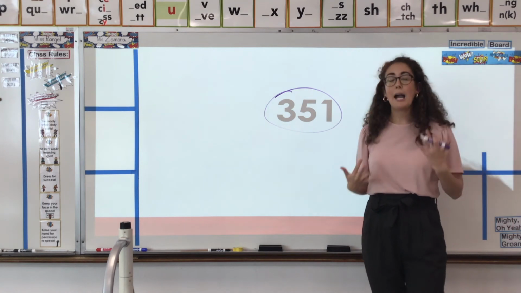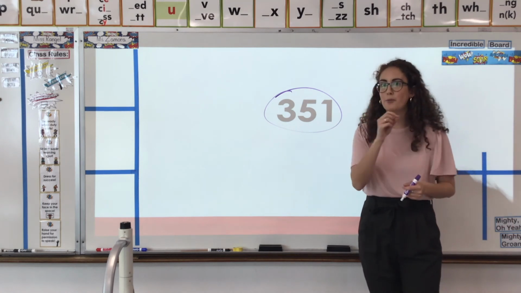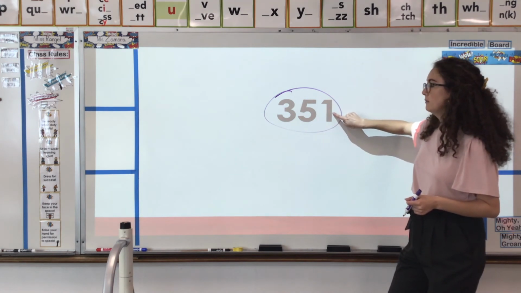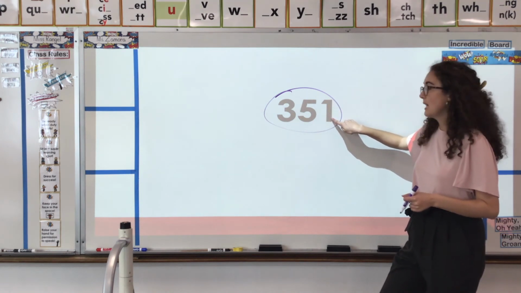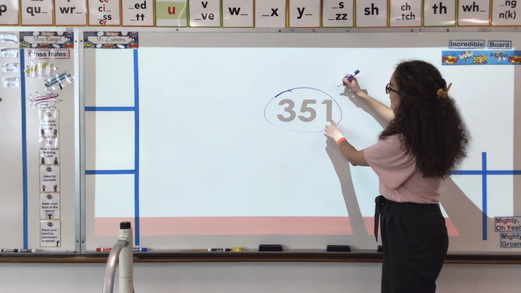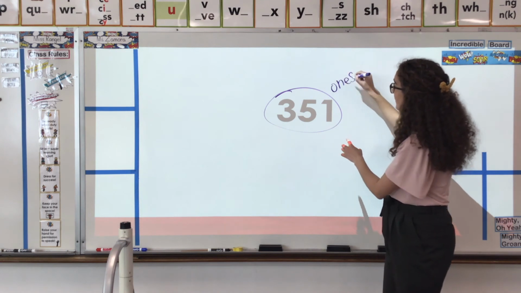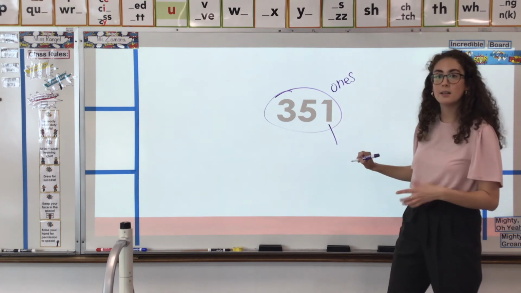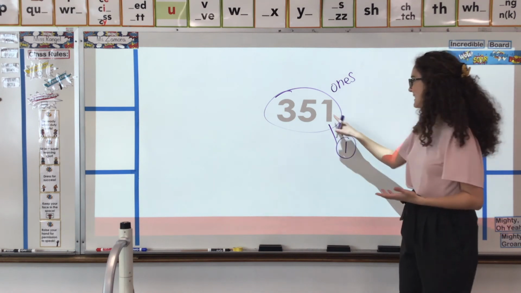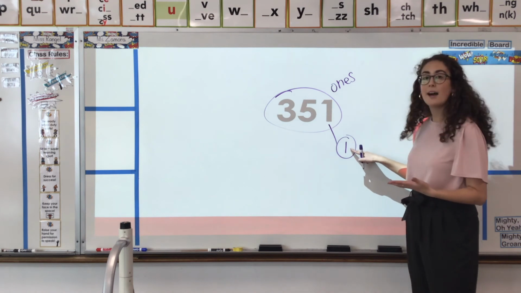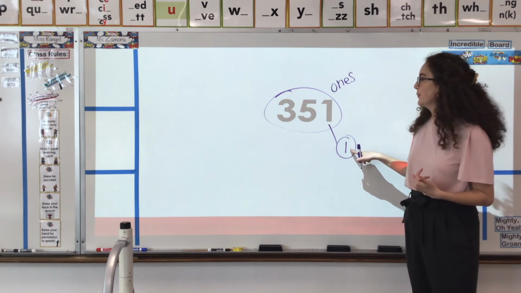So let's see. I want you to try and answer before me. The digit 1 is in the what place? Is in the ones place. So the value is 1, exactly. If a digit's in the ones place, its value is exactly as you see it.